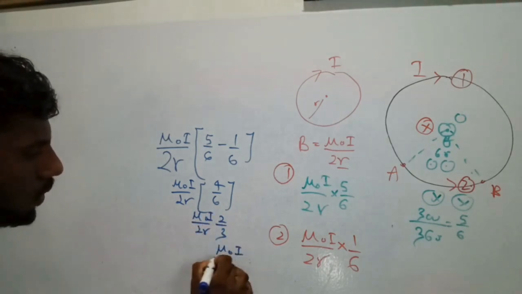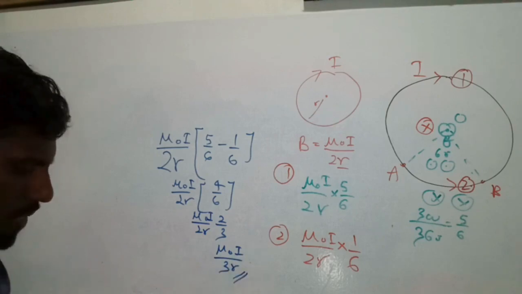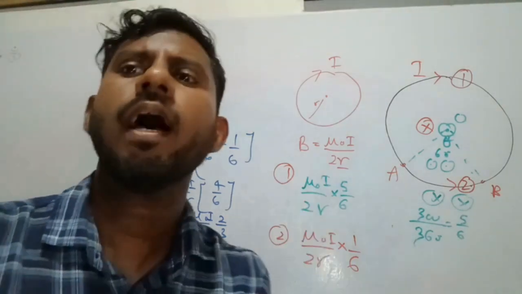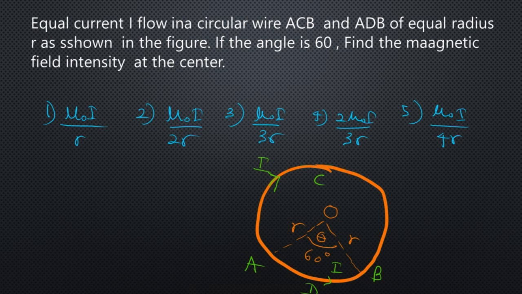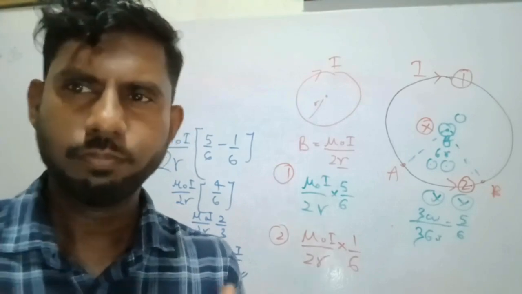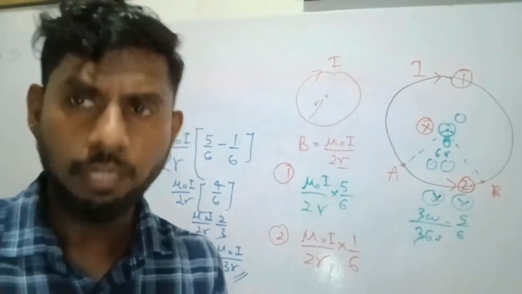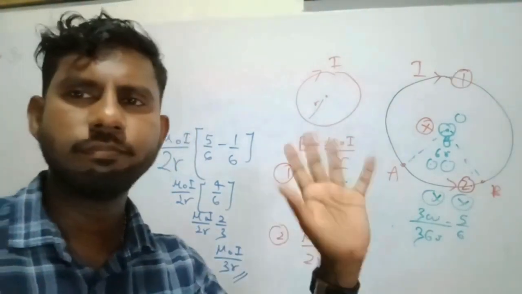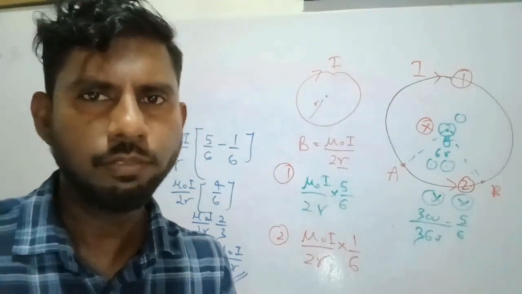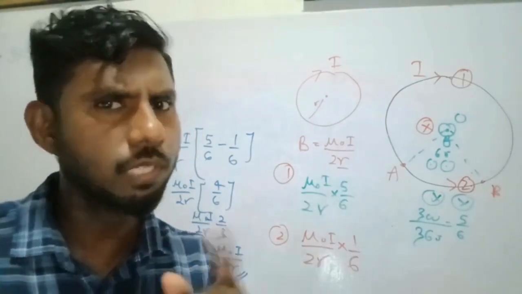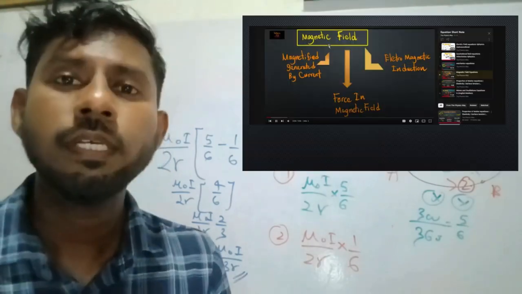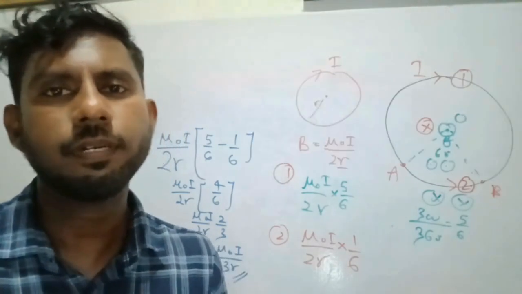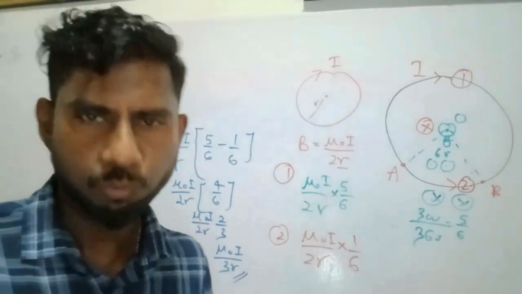So I'm getting mu naught I over 3R as the answer. From the given answers, mu naught I over 3R is the third answer. It's not that difficult, but if you do not know the equation, you cannot do anything, so it's always better to remember the equation. Again, go through the equation video. You will learn the equations and then you can get into the questions.